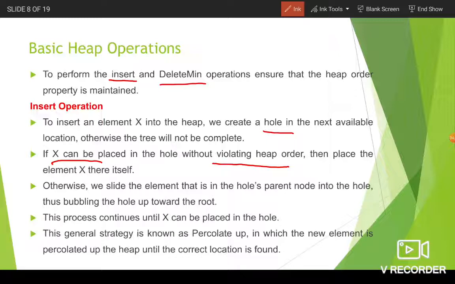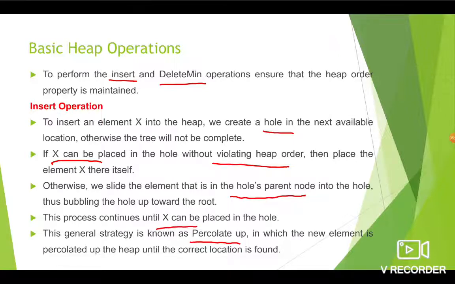Otherwise, we have to slide the element that is in the hole's parent into the hole. That is, the hole is moved up and the parent is moved down. Since the hole is moved up, it is called percolate up, and this process is continued until you find the right place for X.